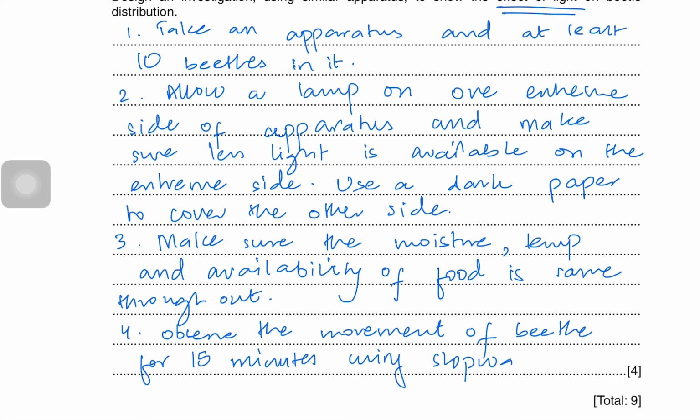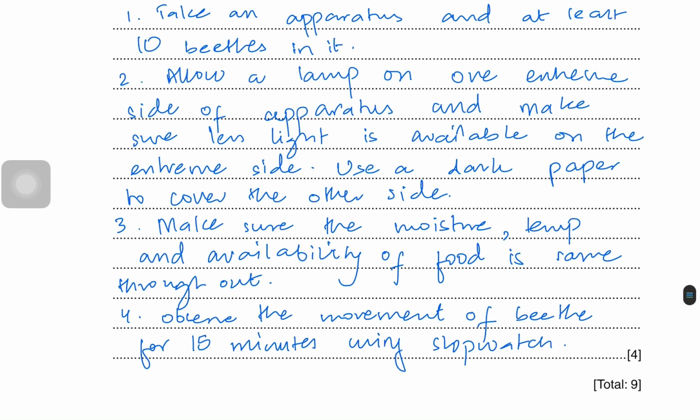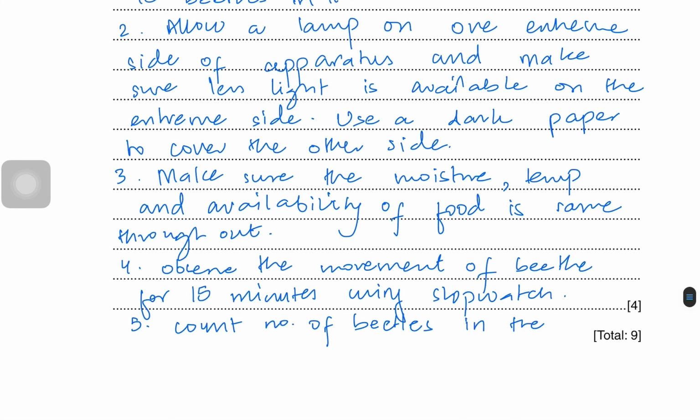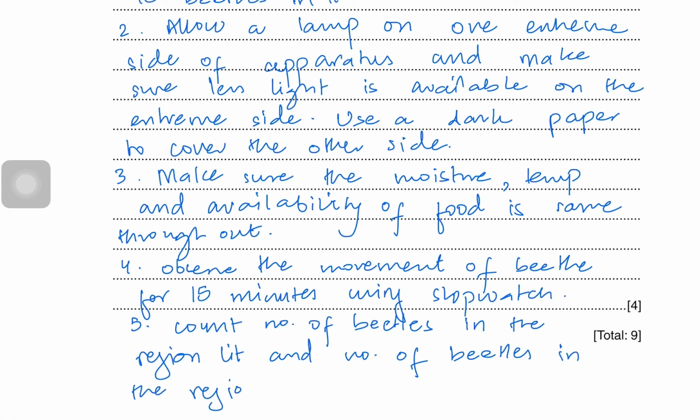Now what are your expectations? You can say count number of beetles in the region brightly lit and number of beetles in the region which was dark, and then compare.